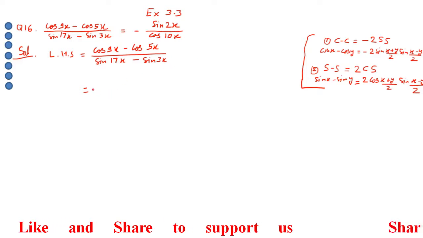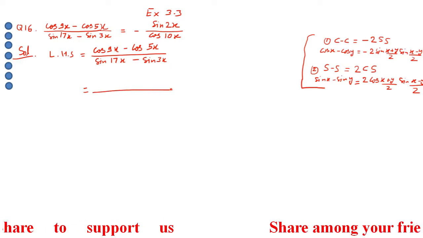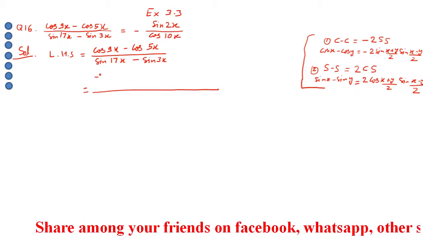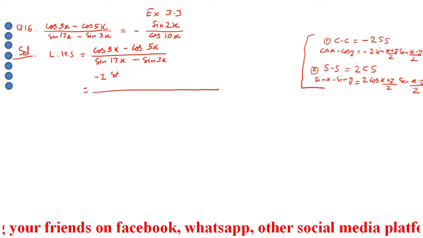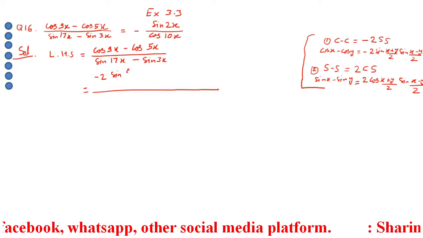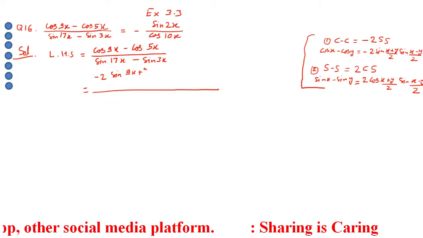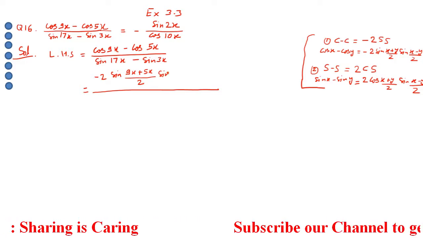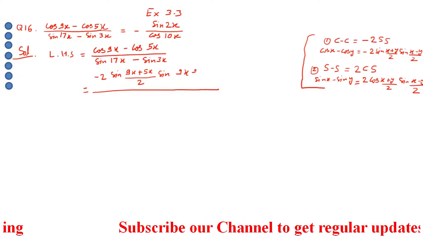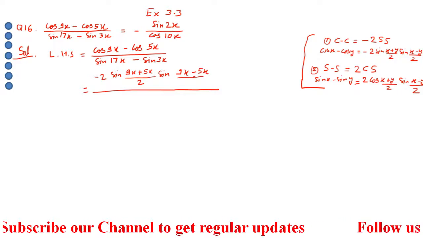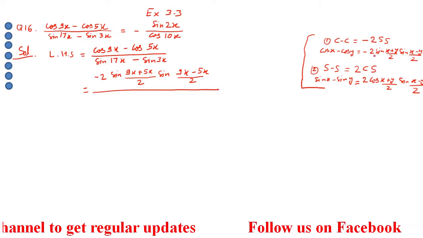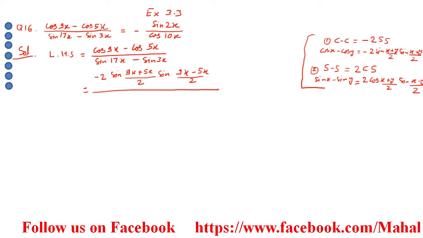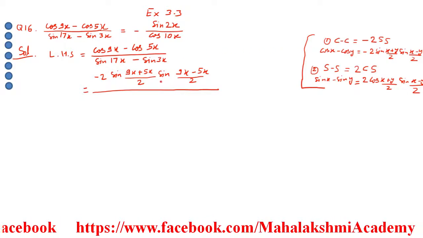So here first I am writing the division line, then minus 2, then sin sum of angles, that's 9x plus 5x divided by 2, then sin difference of angle, so 9x minus 5x divided by 2. So I hope this formula is clear to you.